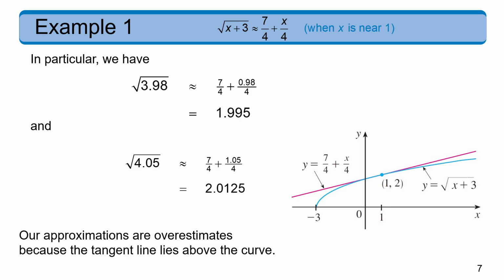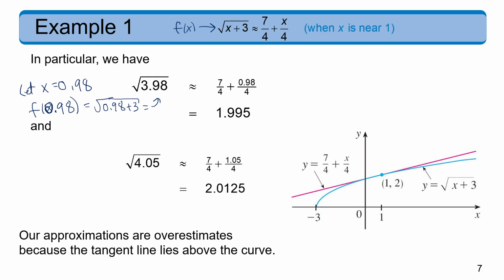So we're going to choose x to be 0.98, and that means f of 0.98, just using the definition of f of x, which is this formula here. f of 0.98 would be the square root of 0.98 plus 3, which is exactly what we're looking for, the square root of 3.98.